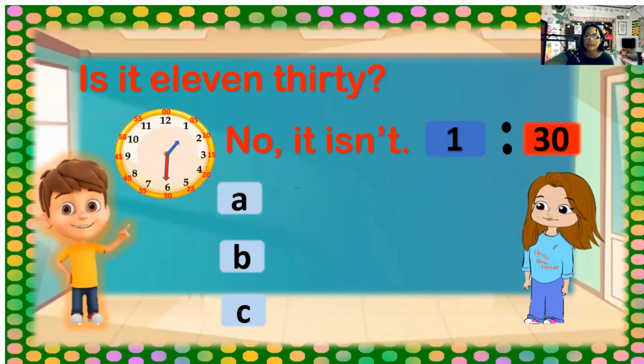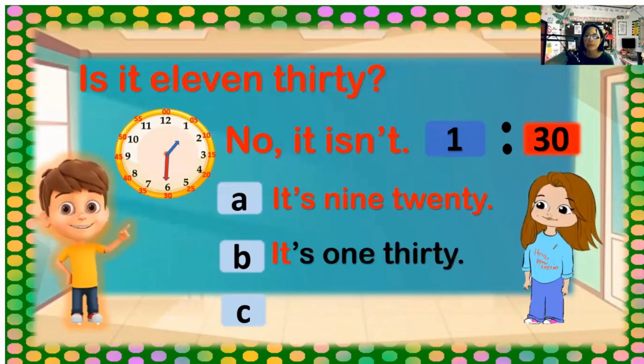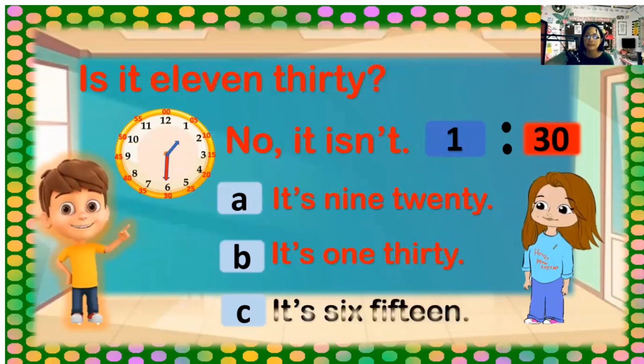A, it's 9:20. B, it's 1:30. C, it's 6:15. Can you help me find the answer? That's right. It's letter B. It's 1:30.